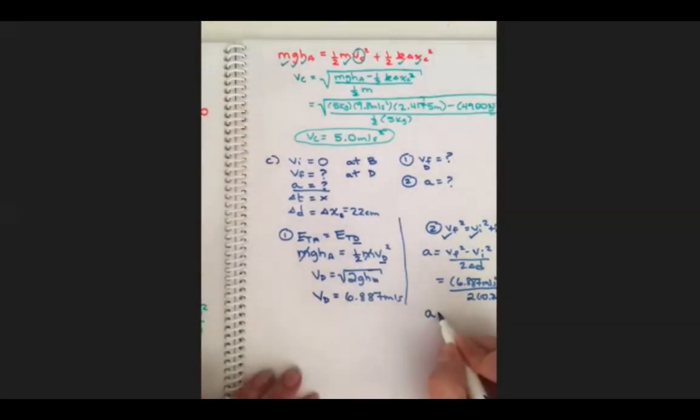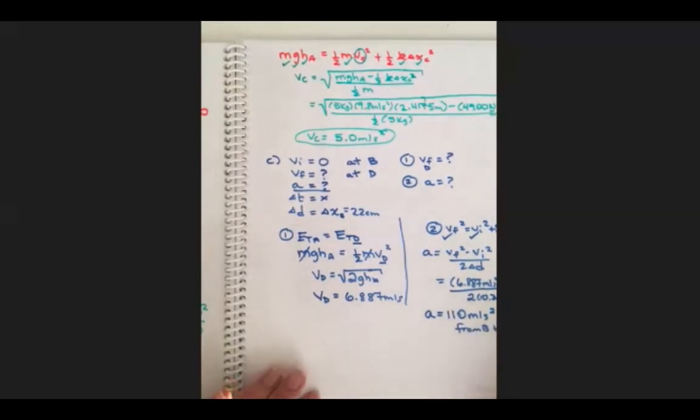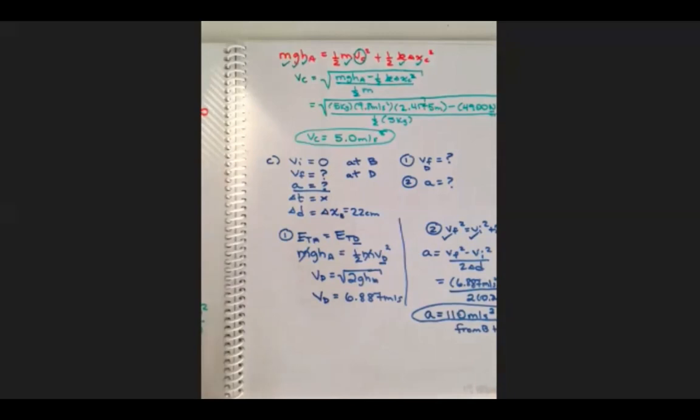And for acceleration, you would get 110 meters per second squared, and it could be considered acceleration when the car is going from the max compression from B to D, or it could be considered deceleration. So you're really solving 2 problems by getting that number.